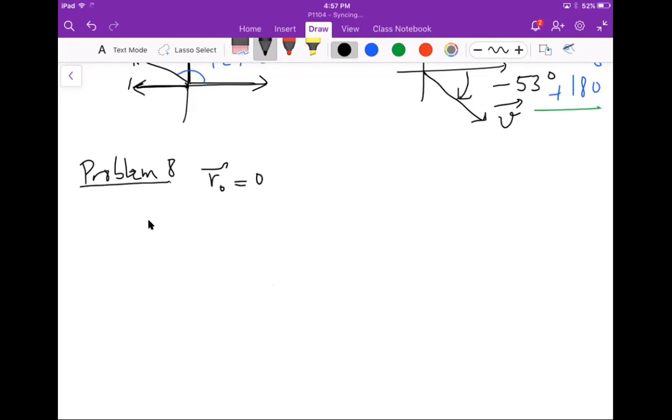So it has 0 x and 0 y at the origin. It has an acceleration of a equals 3j meters per second squared, and an initial velocity v0 of 5i meters per second.